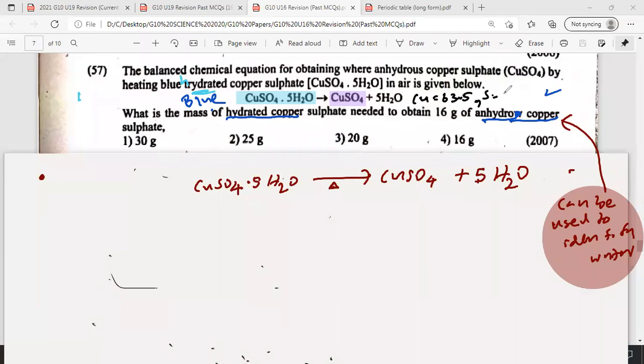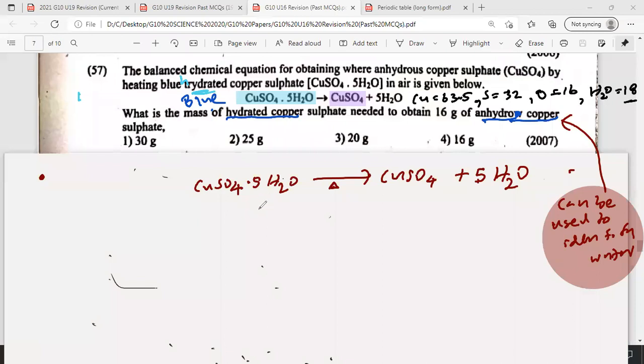Then sulfur 32, oxygen 16, hydrogen 1. Water is 18. H2O, the molar mass of water, is 18.